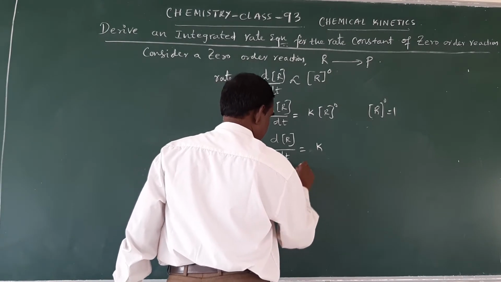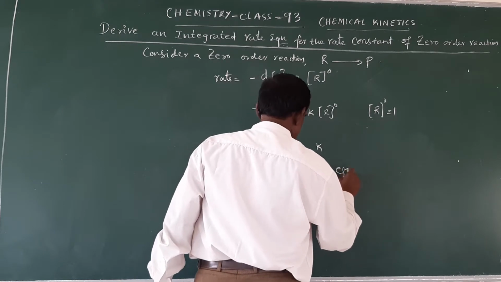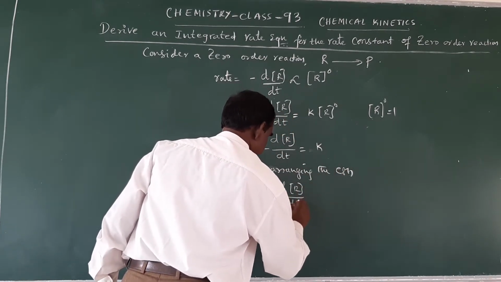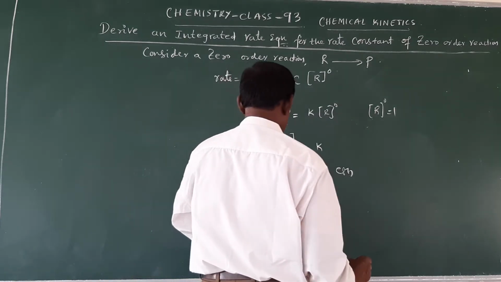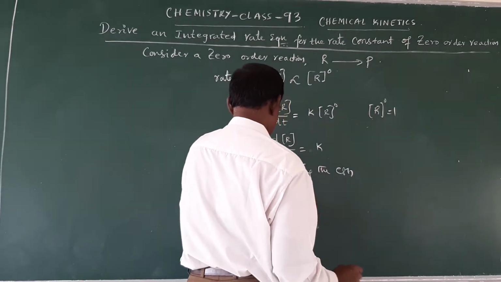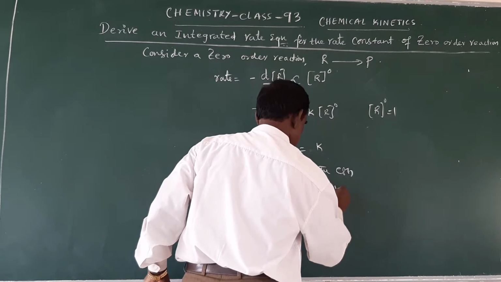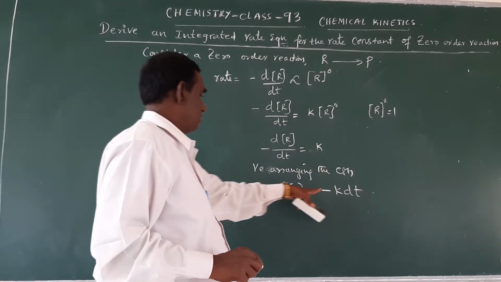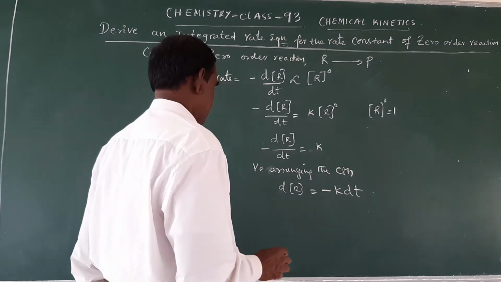On rearranging the equation, we have dR is equal to minus k into dt.